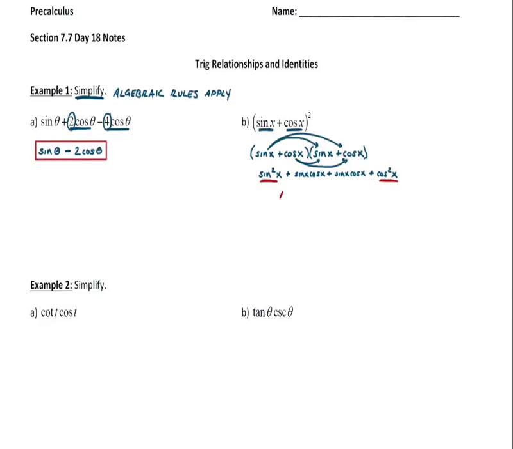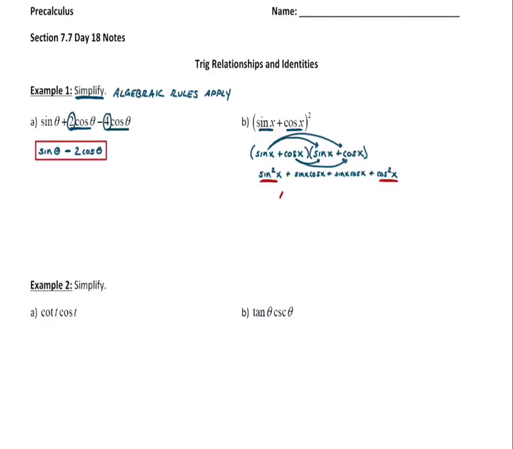So if I look at that, now I have 4 terms, and if I want to simplify, I'm looking for ways that I can use some of the identities that we just identified or combine like terms, something like that. So if you look, I have sine squared of x, and then that last term is plus cosine squared of x. And one of the identities we identified is sine squared plus cosine squared is 1. So if they're added together, I can replace that with just 1.